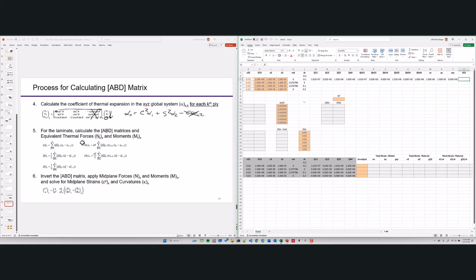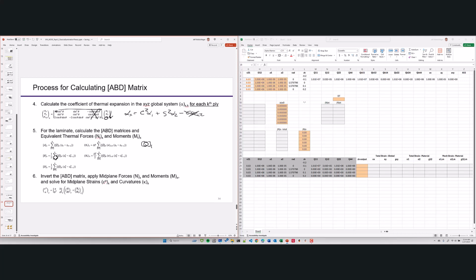Okay, so now what I have to do is calculate the A, B, D, and the NXT and MXT. We're going to start with the ABD matrices. And what you can see here is eventually I'm going to sum k equals 1 to N. So this equation here, if I were to write that out just to make sure, is Q bar 1 for the first ply.